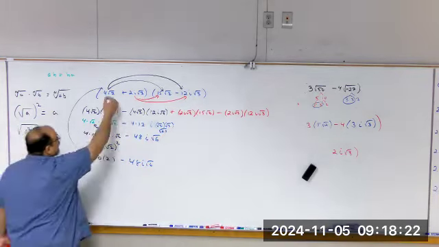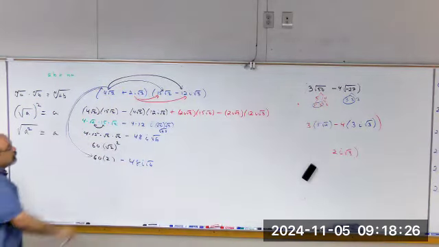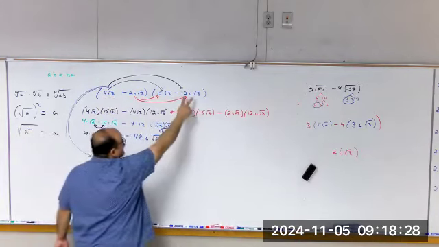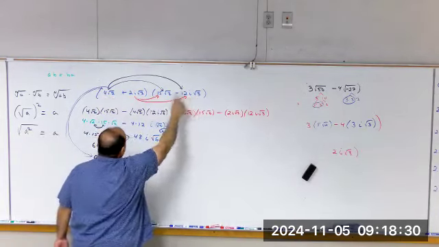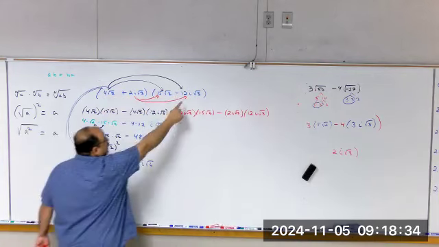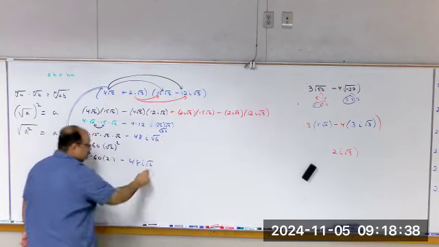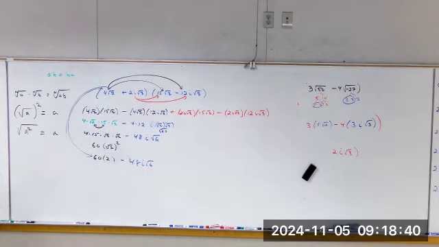And you can go from that without showing it. 4 square root 2 times negative 12i square root 3. 4 times negative 12, we have negative 48. We have an I. Square root 2 times square root 3, we have a square root 6. But again, if you're not sure, show the step in between.